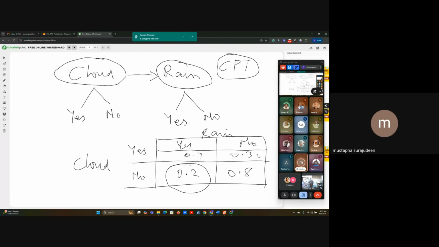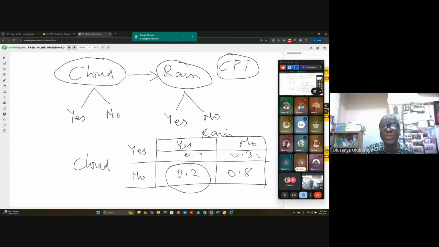So it is telling us that it is not cloudy. The chance that it is going to rain is so slim. The value is already given, so you have to be quantitative. You have to be precise. That's what probability measures, rather than using the words the chance is high, the chance is low.